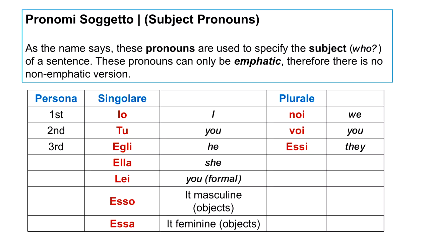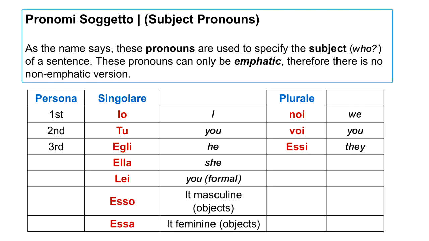And here's the other difference. When I was growing up, I learned it this way. Esso and essa. Now, esso and essa is the third person, and it's the equivalent to our English it. So it's used for objects. It's the pronoun for objects.